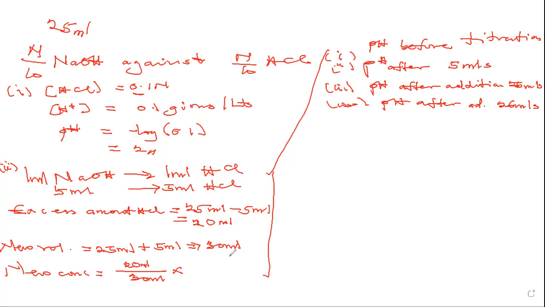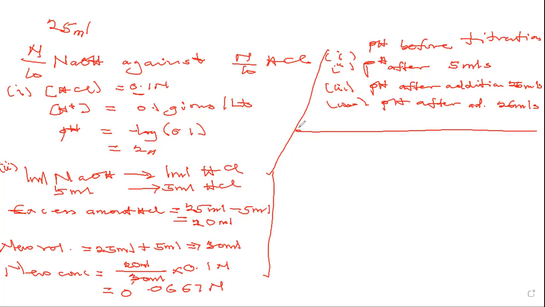So we multiply it by its concentration, which is 0.1 normal. When we punch this on our calculator, 20 divided by 30 multiplied by 0.1, we are going to get 0.0667 normal as the new concentration of the solution.